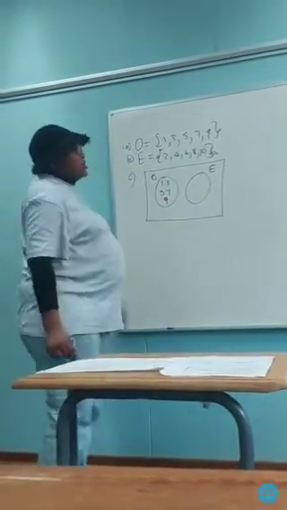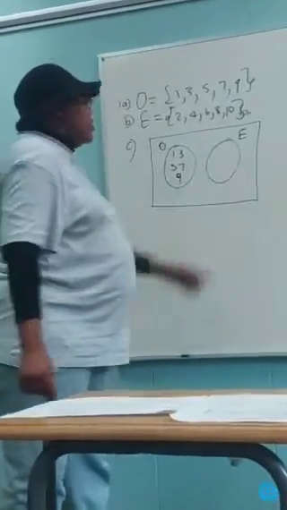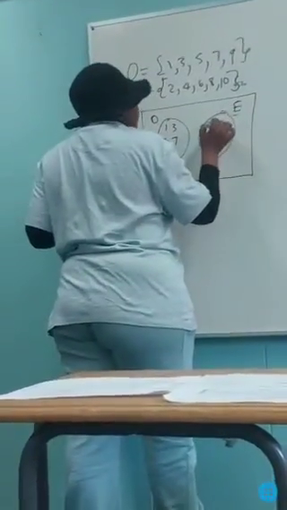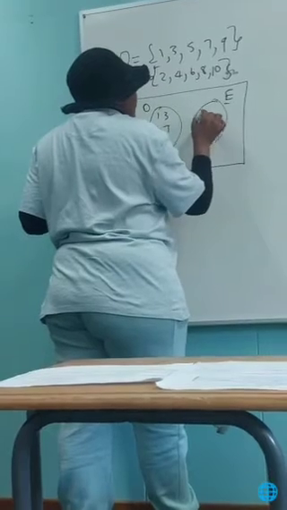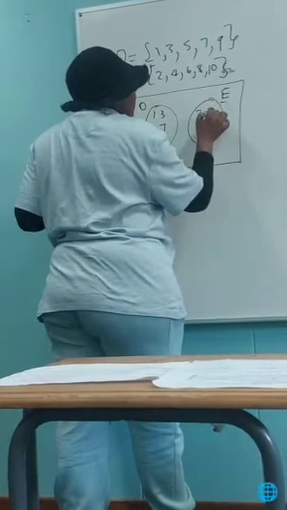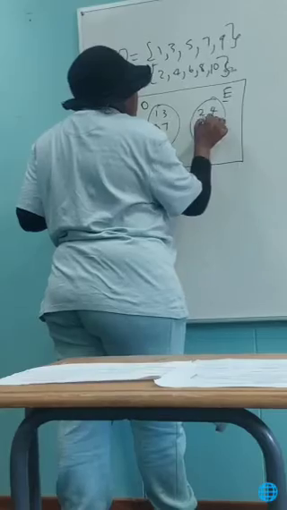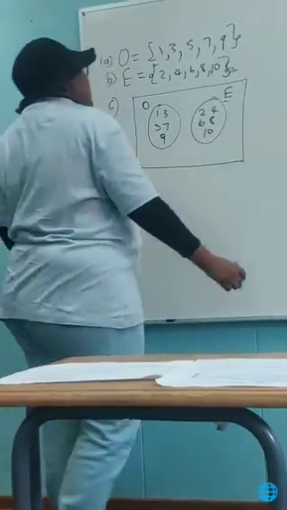And the even numbers we find in event E, which are 2, 4, 6, 8, 10.